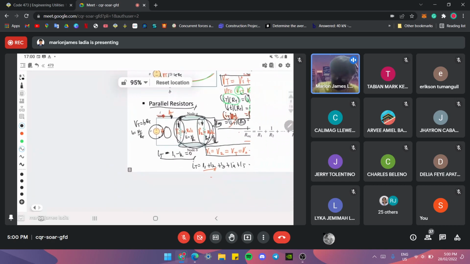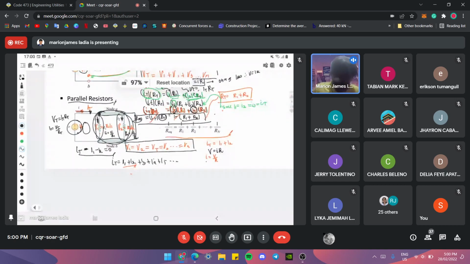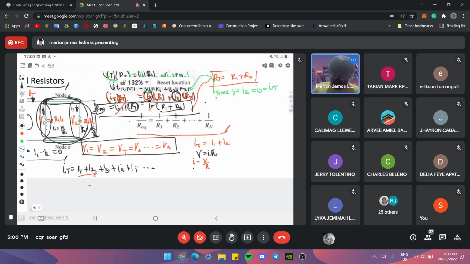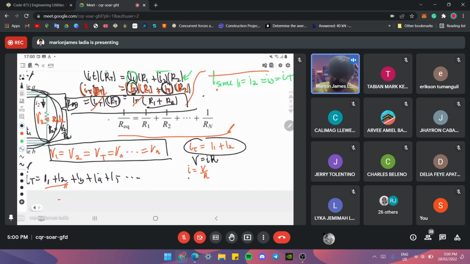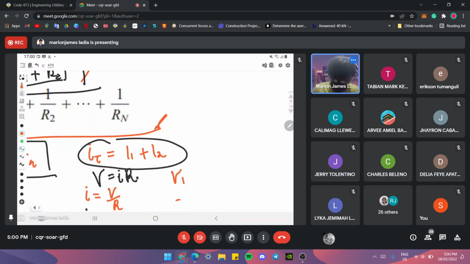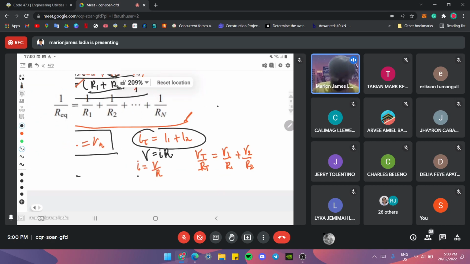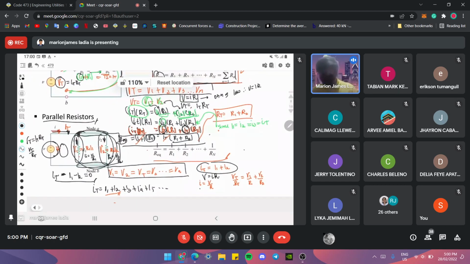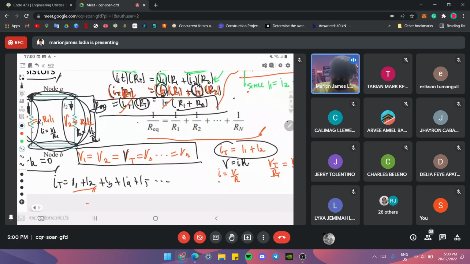Okay, so let us substitute the values into our equation. So we have V total over R total, which is equal to V1 over R1 plus V2 over R2. Now let's go back to the property that I kept repeating earlier: the property of a parallel resistor is that all its voltages, from the total voltage to V1, V2, V3, V4, and so on, as long as they are in parallel, are equal.